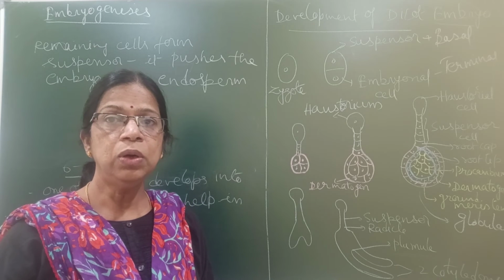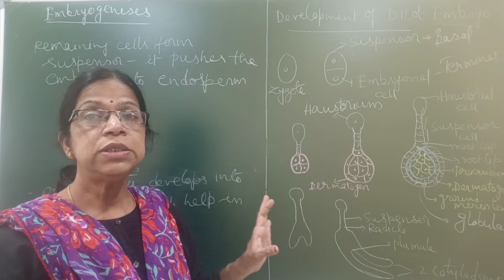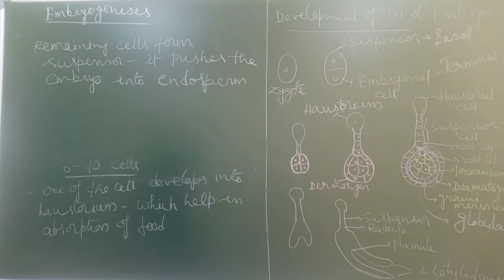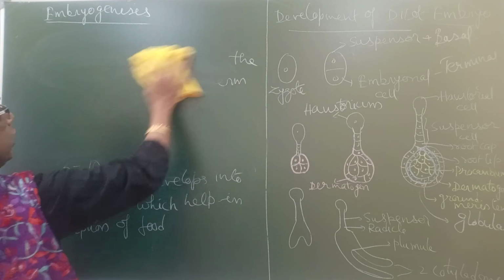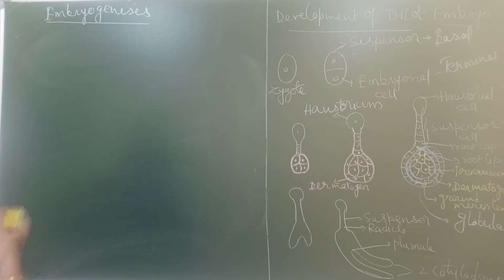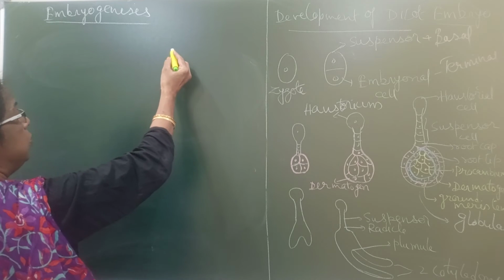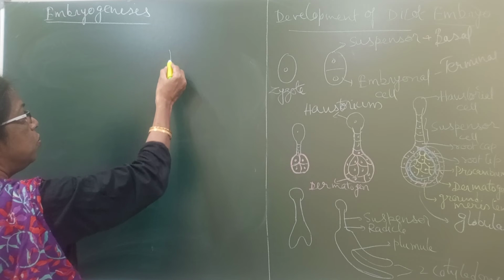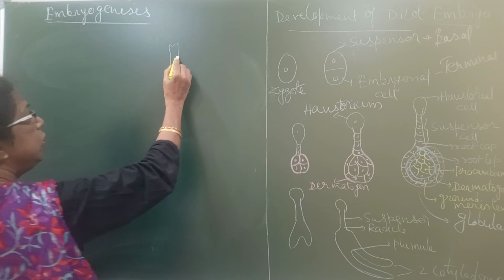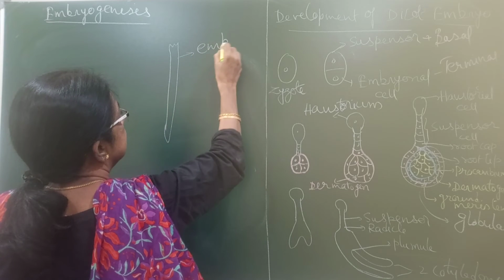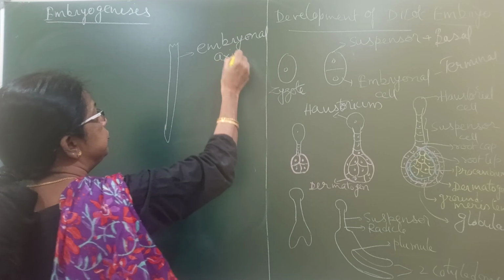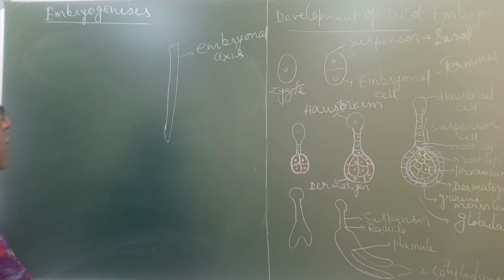Now I will give you briefly the structure of the dicot embryo. When we look at the dicot embryo, it has an axis called the embryonal axis.